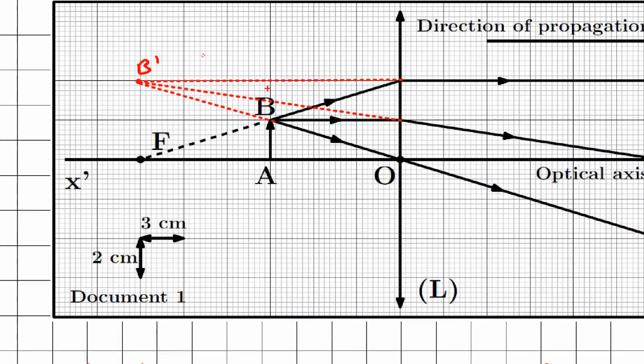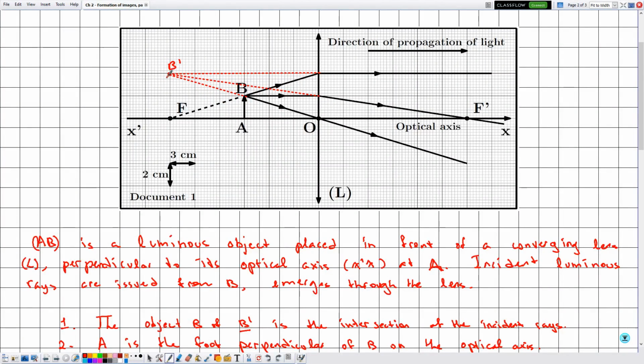Notice that here a hat is found on B directed away from the optical axis like this. Then we must place a hat on B prime directed away from the optical axis like this. So let's place the hat on B prime.